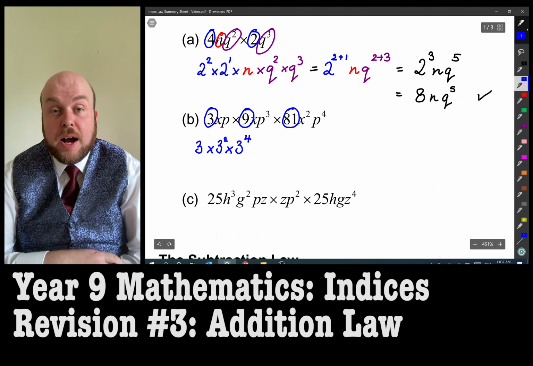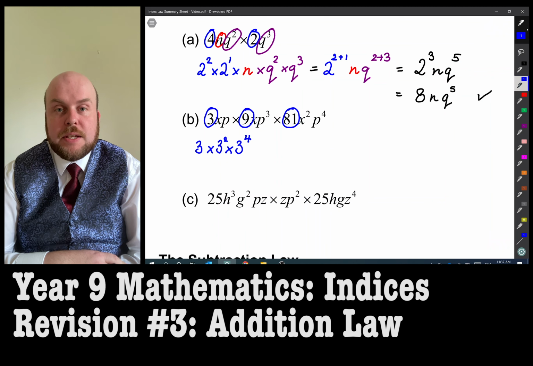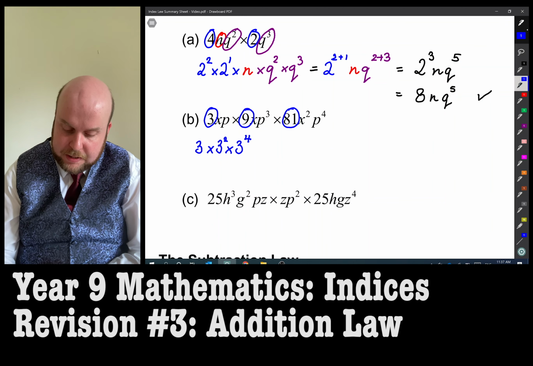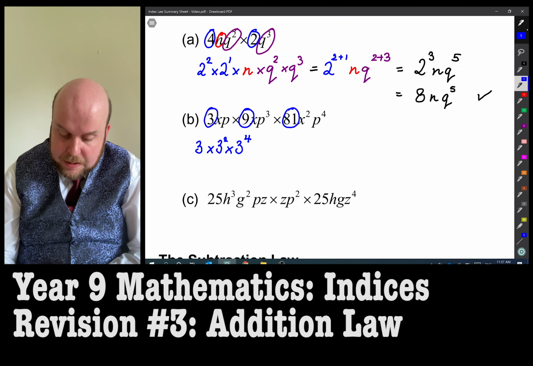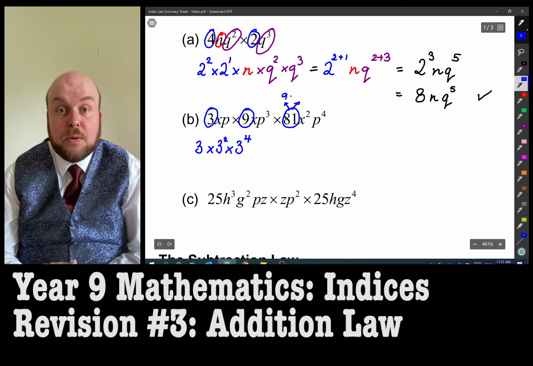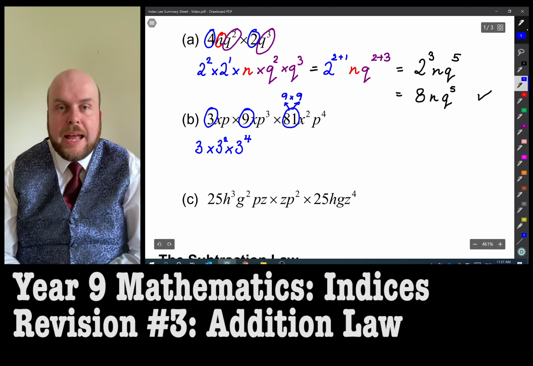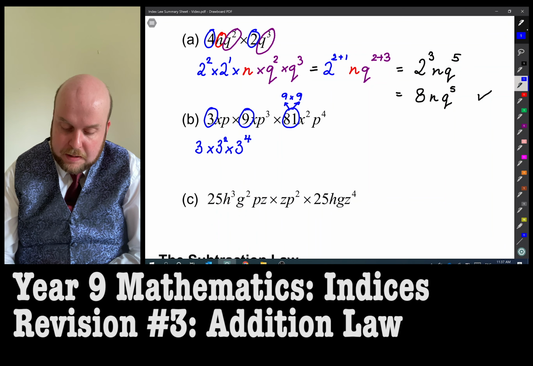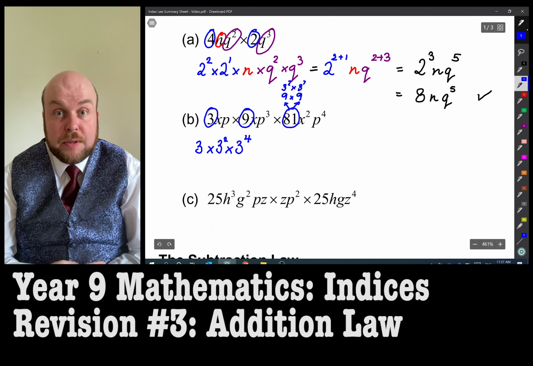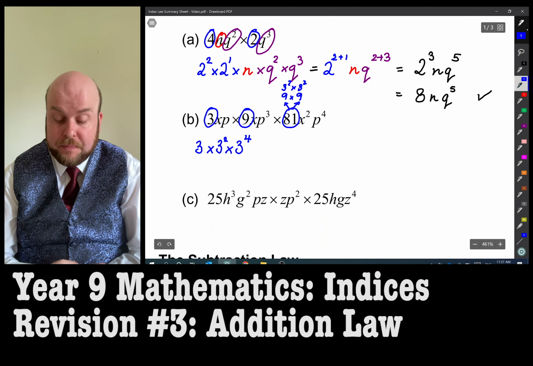So I've got 3. 9 is the same as 3 squared. 81 is equal to 3 to the power of 4. Now, how did I know that? Well, I know that 81 is the same as saying 9 times 9, or 9 squared. And 9s are the same as saying 3 squared times 3 squared. So therefore, that's 3 to the power of 4.